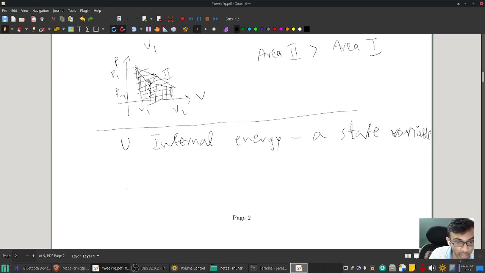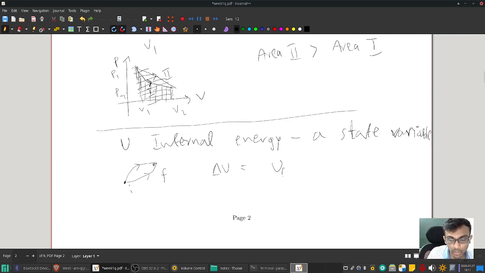We can say this more accurately as follows: if you go from one state to another state in different paths, then the change in internal energy depends only on the two states, the initial and the final states, not on the path taken to reach the final from the initial. That is the statement that internal energy is a state variable.